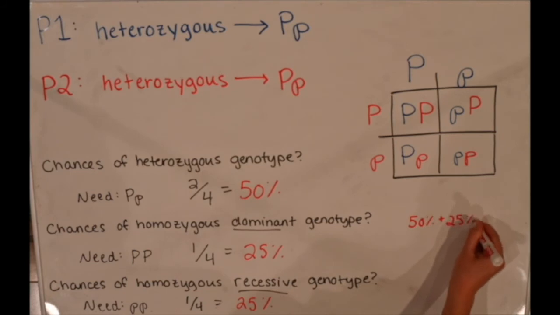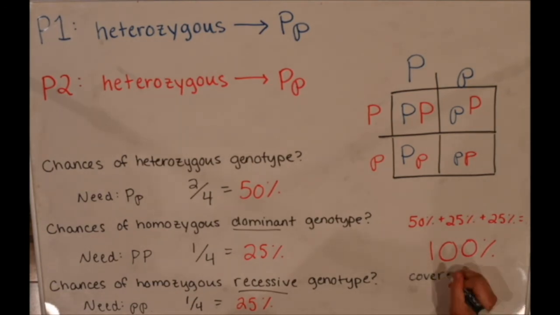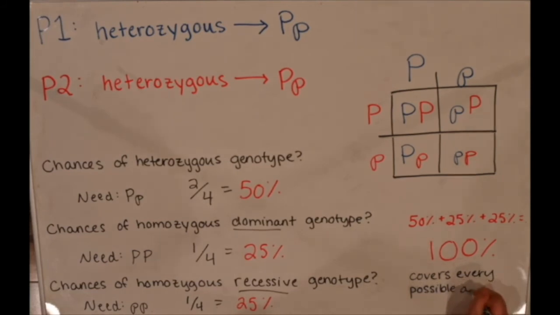Now, it should make sense why, when we add up all of these percentages for the genotype categories, we get 100%, because these genotype categories cover every possible genotype that this offspring could have. Any offspring has to fit into one of these categories.